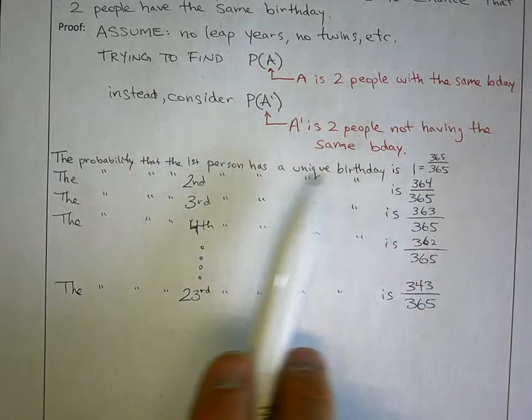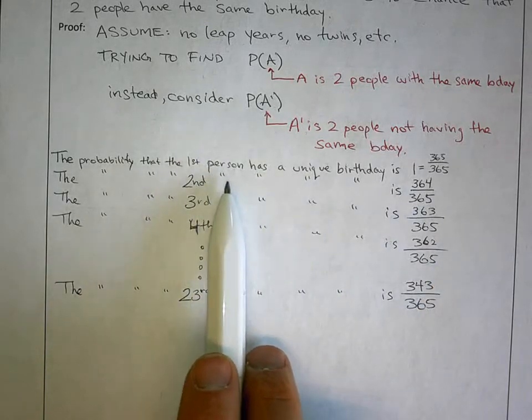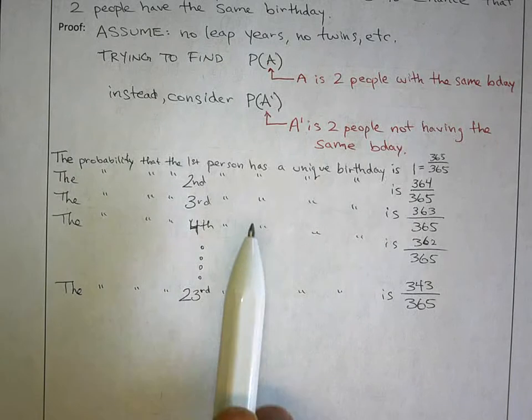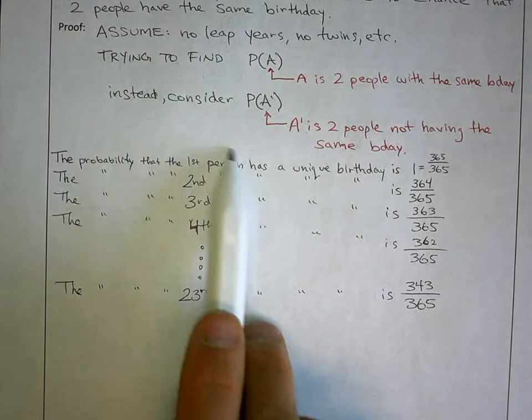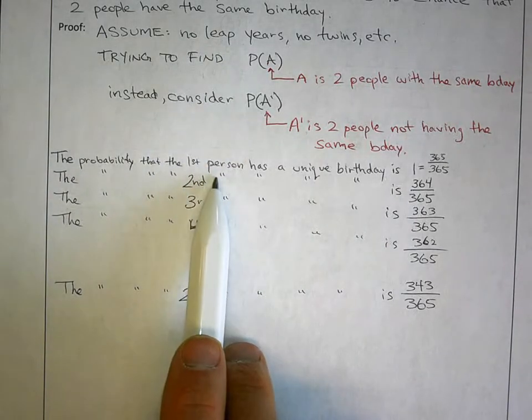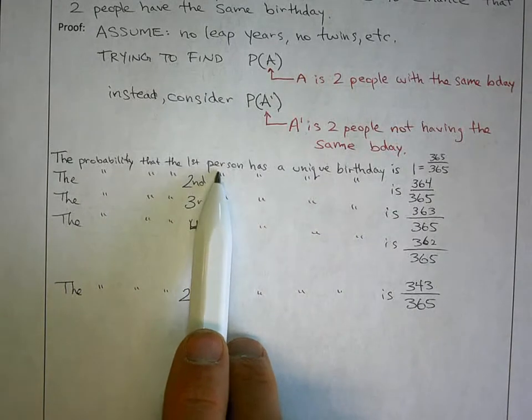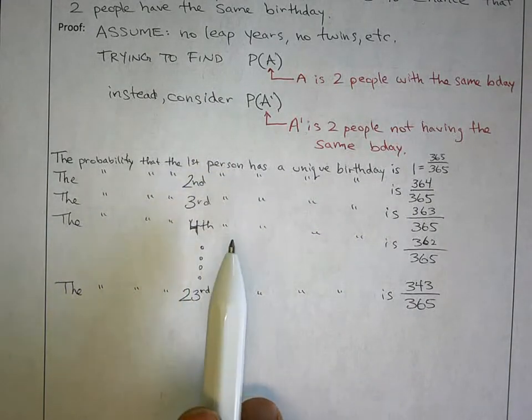Now, are these independent or dependent events? Does the first person's birthday affect the second person's birthday? Probably not, right? The birthdays of the people in the room are independent.